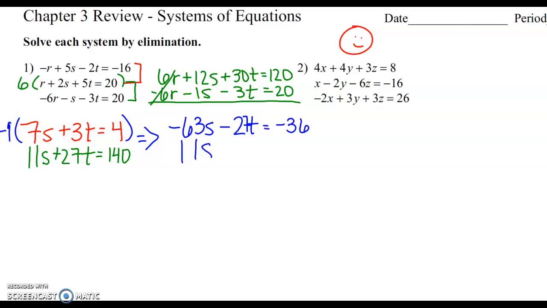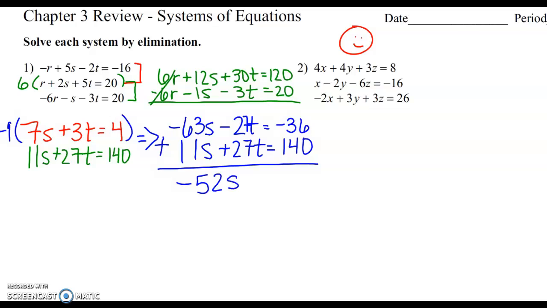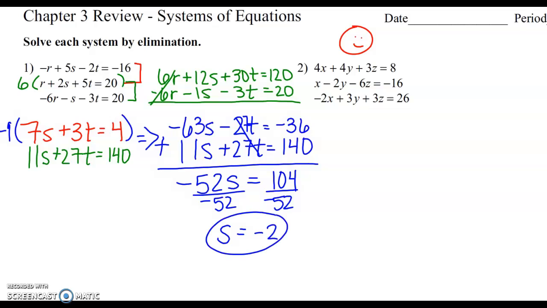Combining that with 11s plus 27t equals 140. So when I add those up, I've got negative 52s equals, my t's cancel out, negative 36 and 140 is 104. So when I divide by negative 52, I find out that s is negative 2.